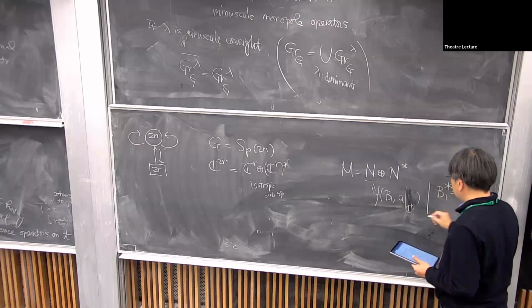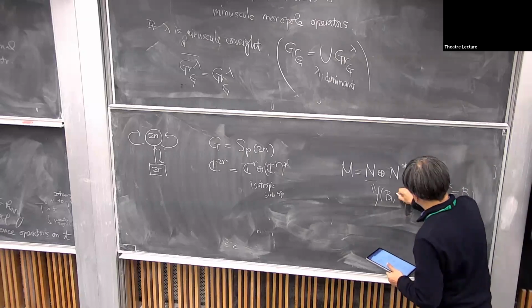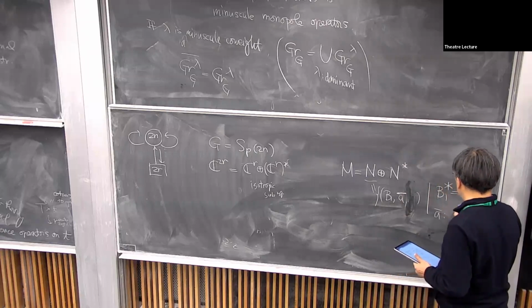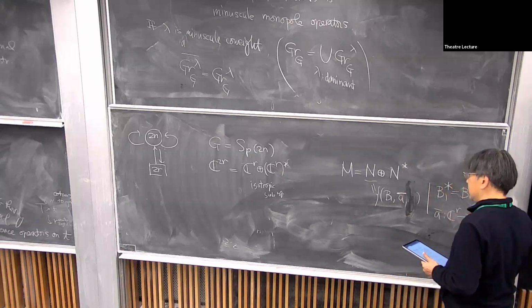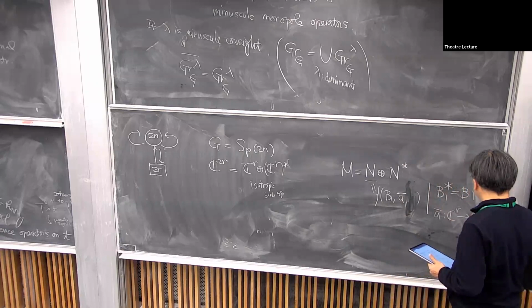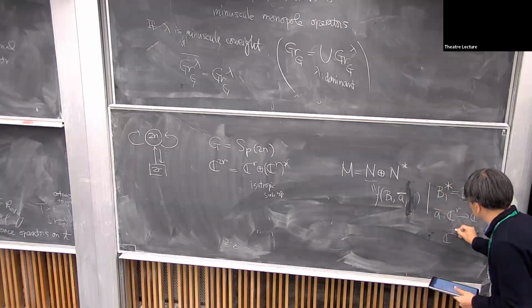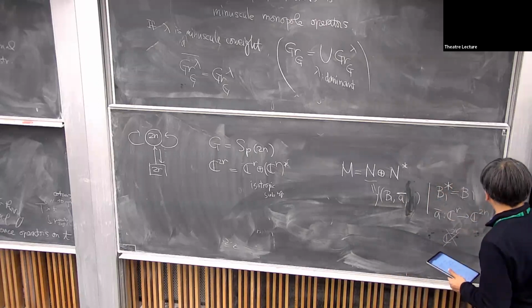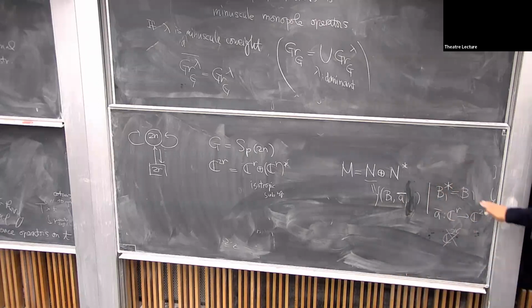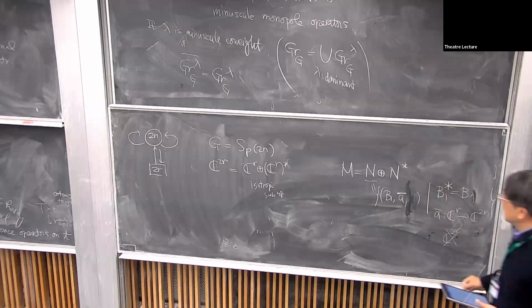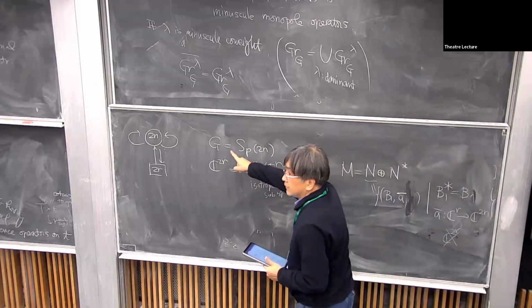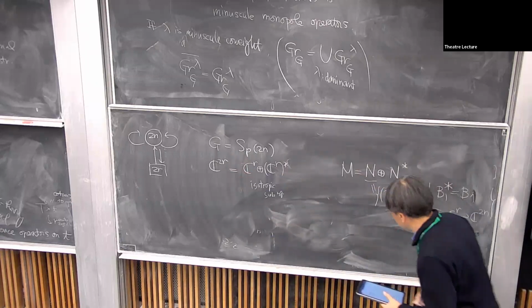And maybe the bar is CR here, instead of C to R. We take a half. Okay. And G is this. And the flavor symmetry.